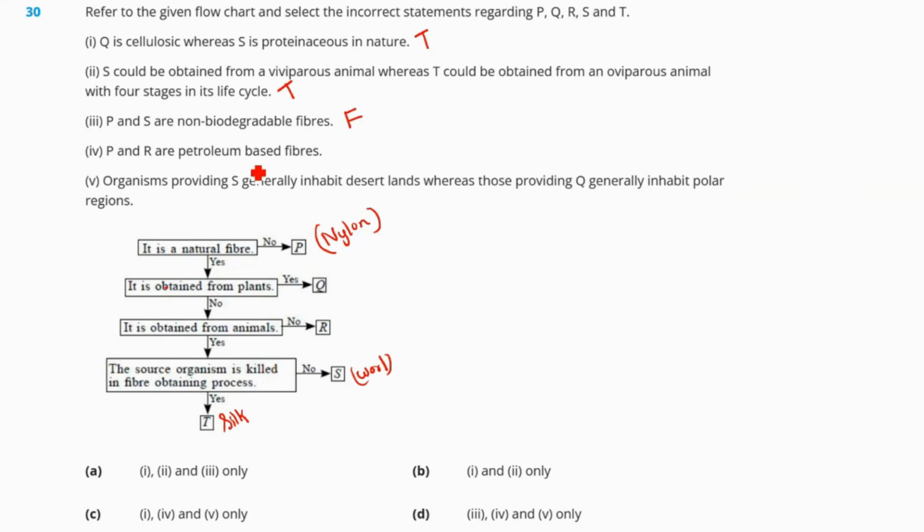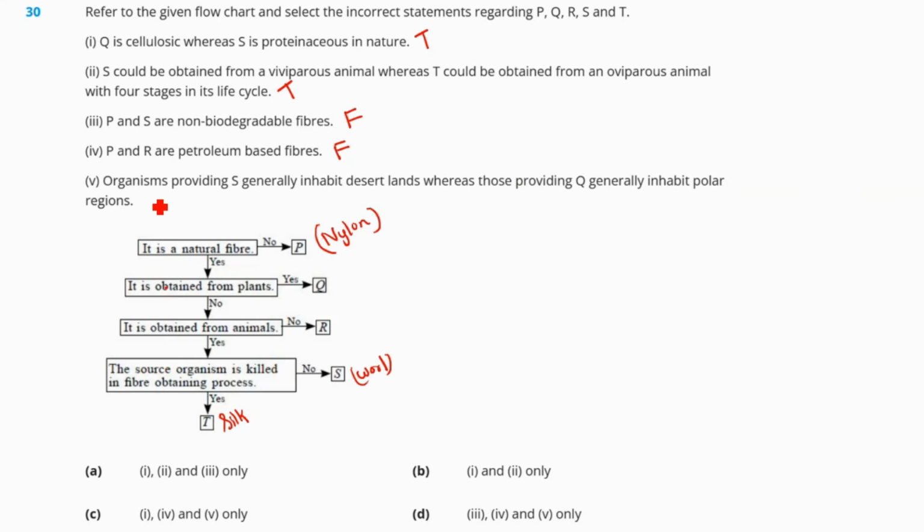P and R are petroleum-based fibers. P, being synthetic, can be a petroleum-based fiber, but R is not. So this is also a false statement. Organisms providing S generally inhabit desert lands, whereas those providing Q generally inhabit polar regions.